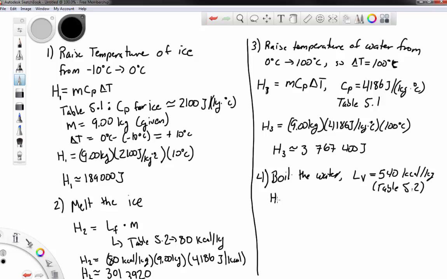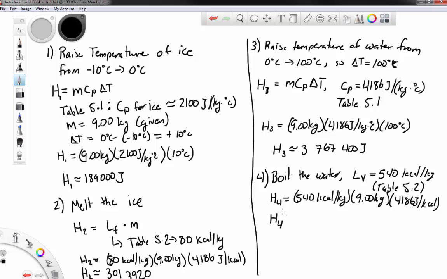So the heat for step 4 is going to be 540 kilocalories per kilogram times 9 kilograms times that conversion factor, 4,186 joules per kilocalorie.